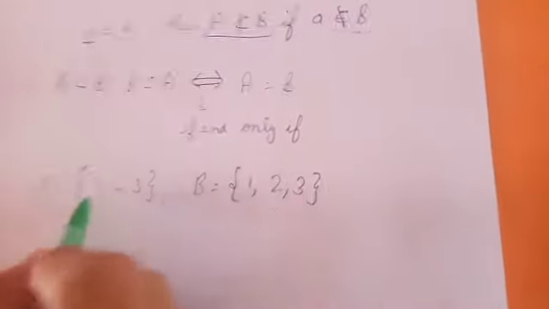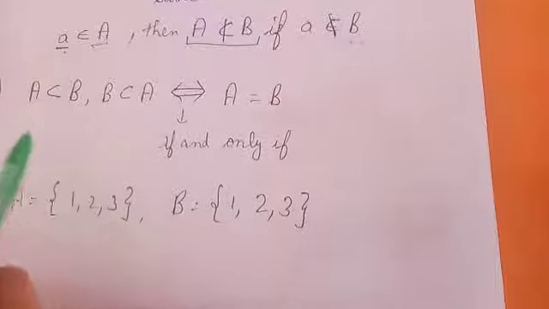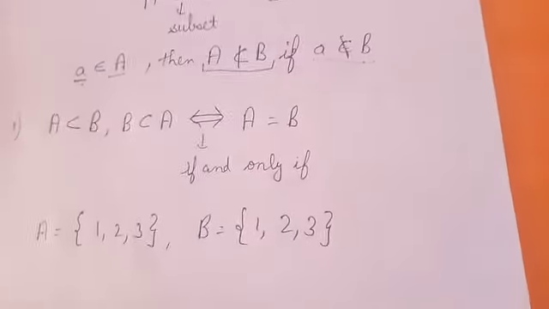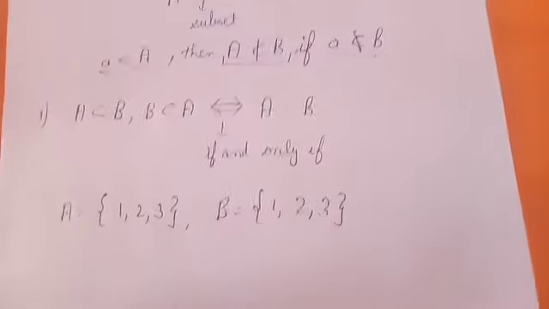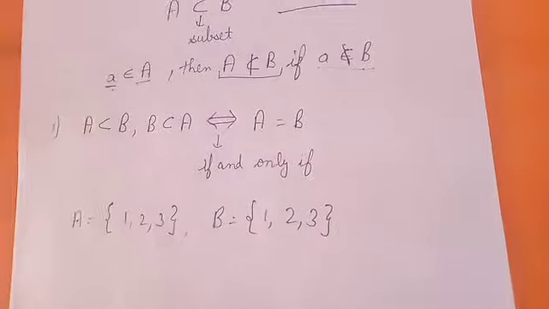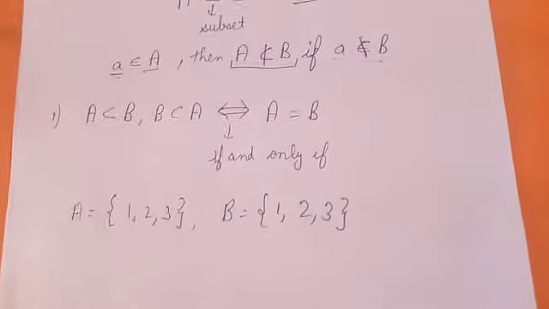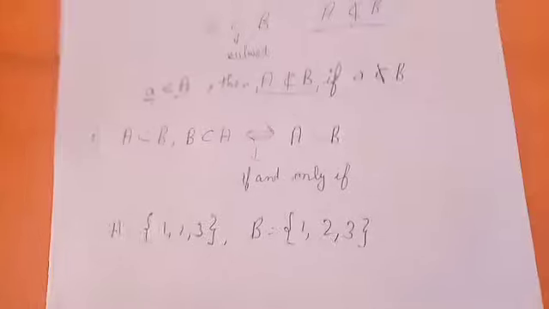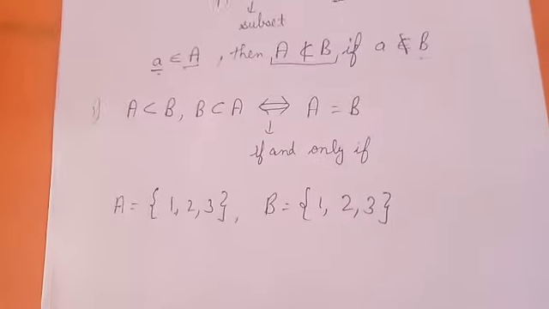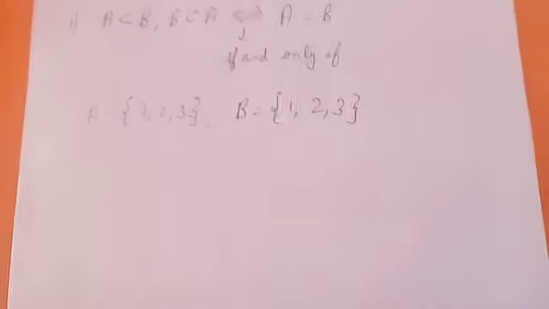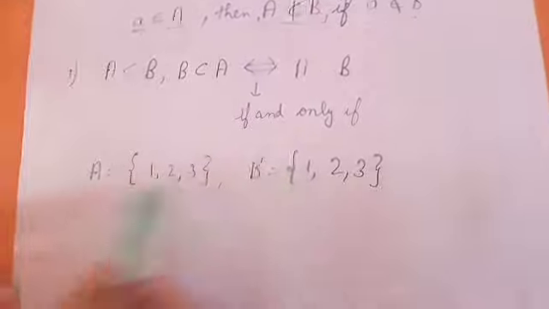Okay, now for A to be a subset of B, every element of A should be in B. It is there. Similarly, for B to be a subset of A, every element of B must be in A. You can see it over there.